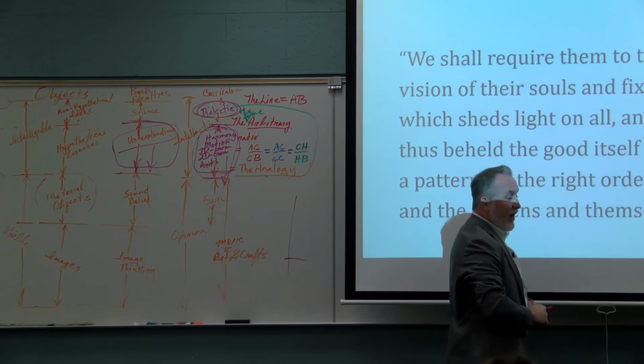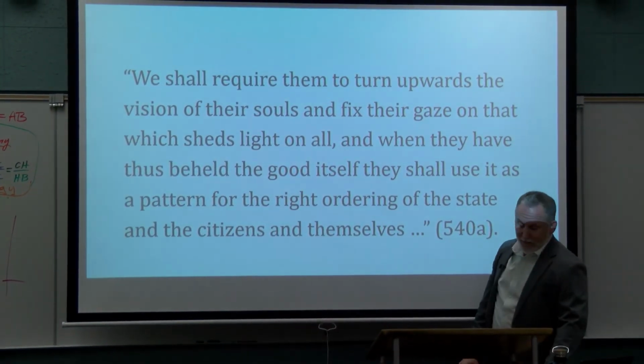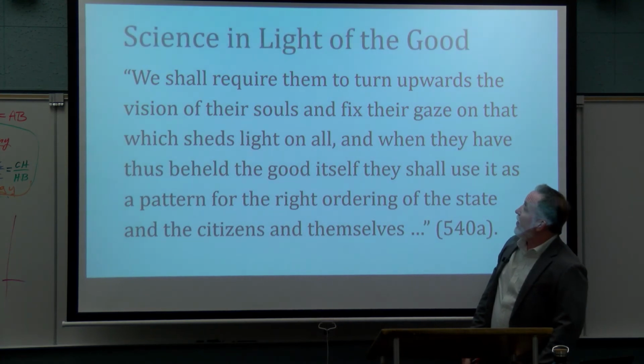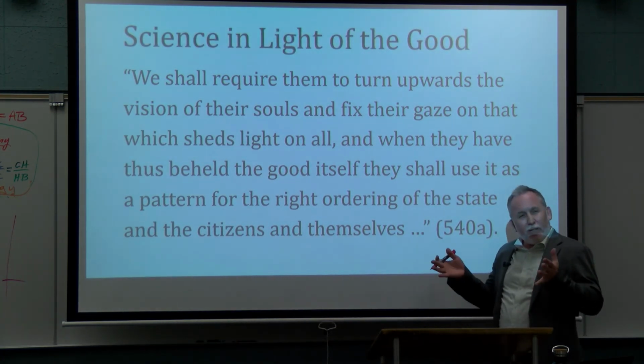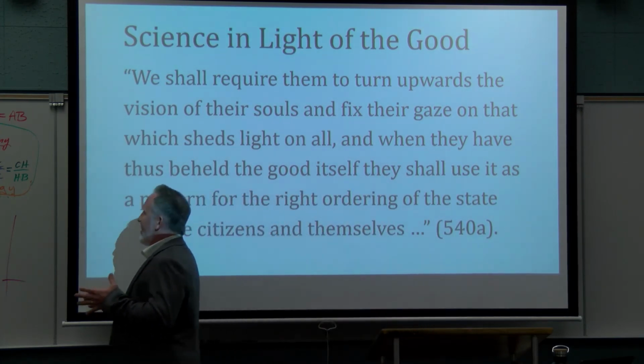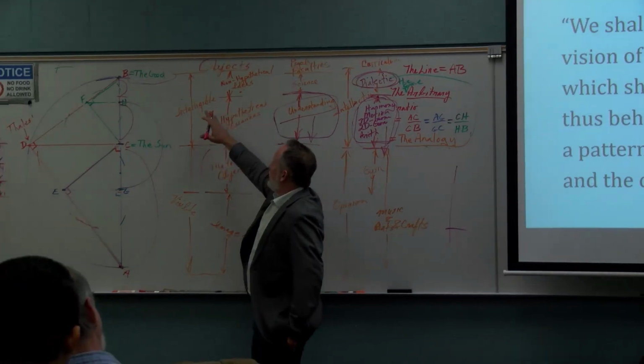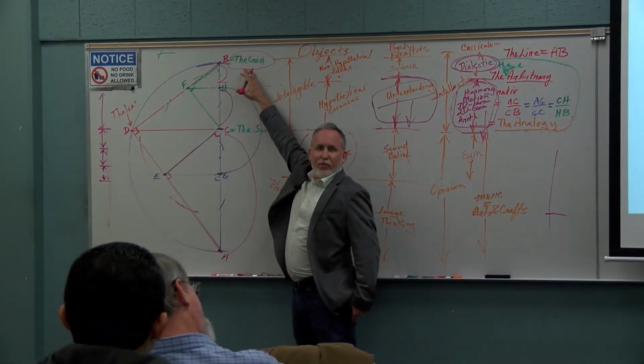To conduct science in the light of the good, and I think this is really the point of the divided line, is that all your intellectual studies need to be directed towards the good and the beautiful.